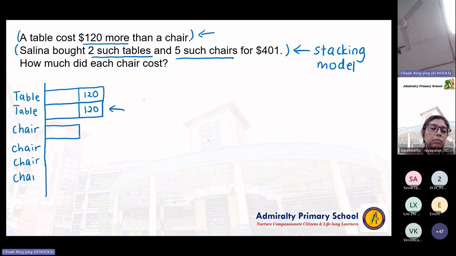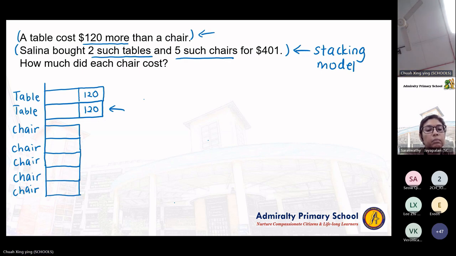Chair, chair, chair, chair, chair. Meaning I will buy 1 chair, 2 chairs, 3 chairs, 4 chairs, and 5 chairs. Okay? 5 chairs. And the total cost of 2 tables and 5 chairs is $401.